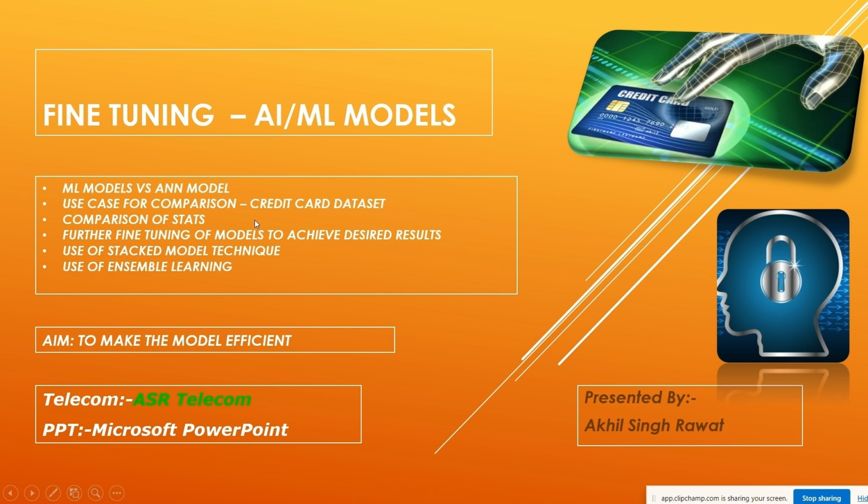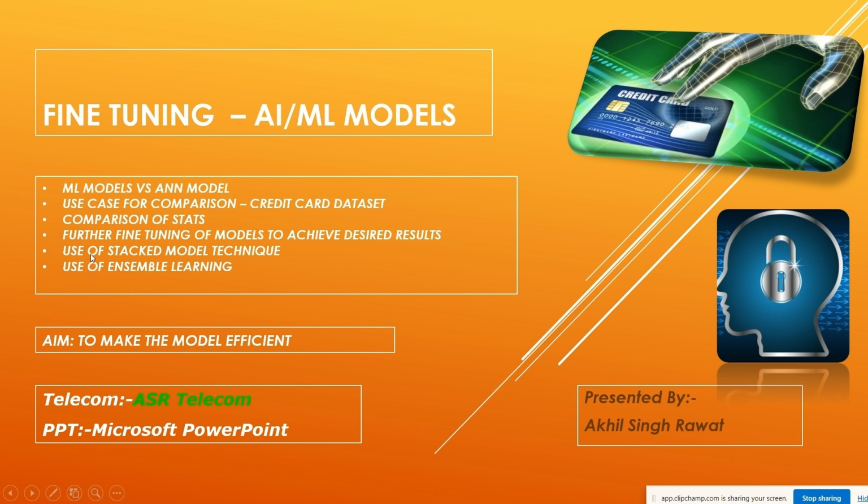It means how much they are able to catch fraud versus not fraud compared to the actual fraud versus not fraud. So further fine tuning of the models will be done to achieve the desired results. If they don't meet the performance, we will fine tune them. I will demonstrate some general fine tuning parameters or techniques to achieve the desired results.